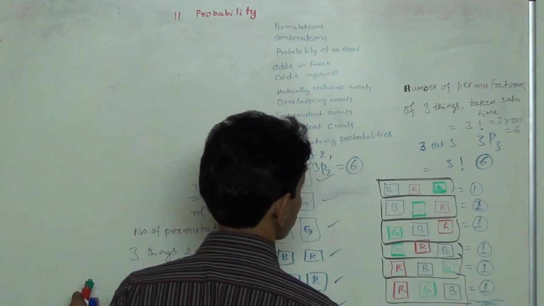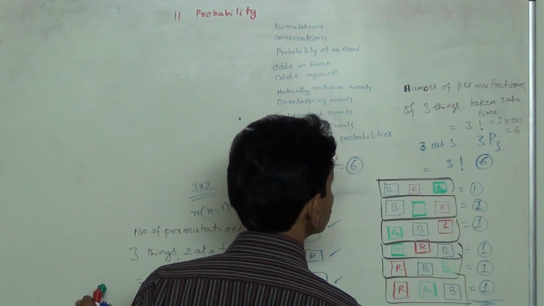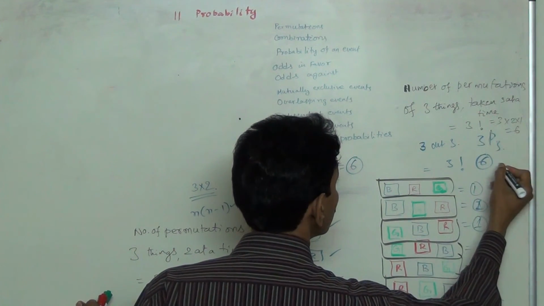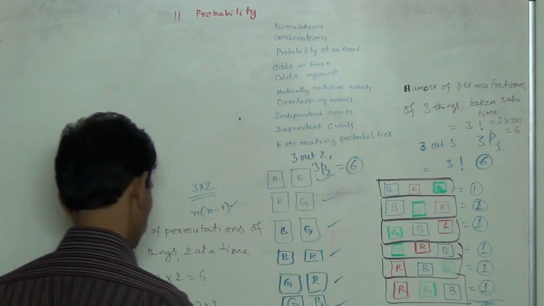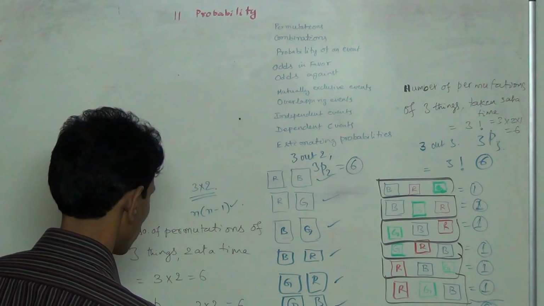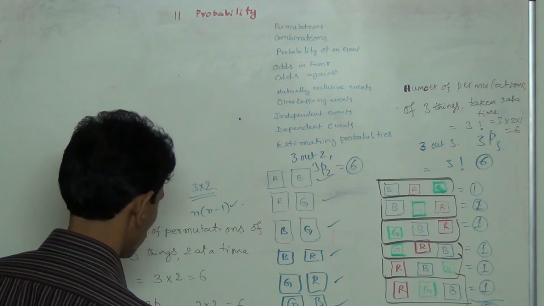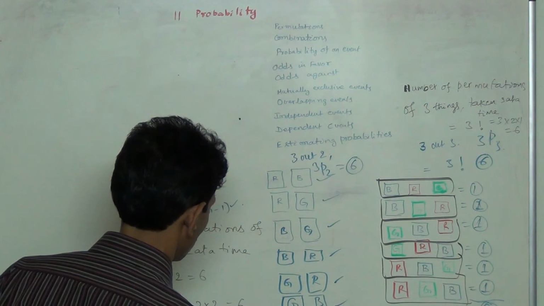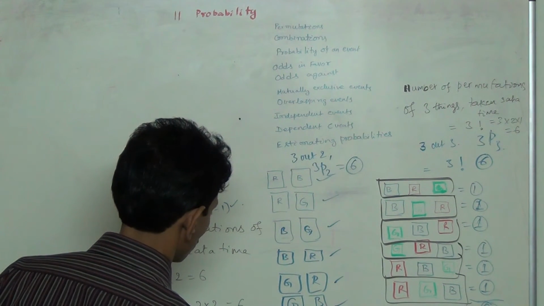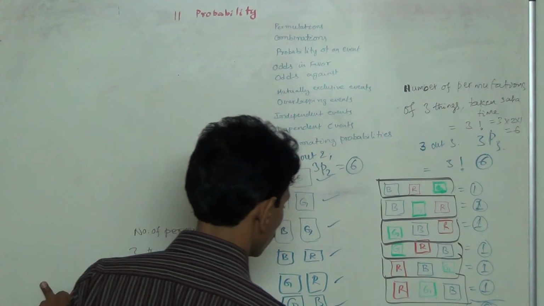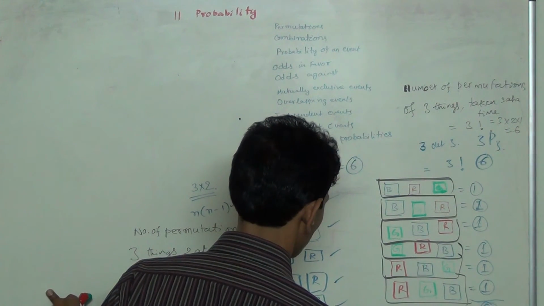The factors are repeated up to 3 for 3P3. So nPn is equal to n factorial, and nPr is equal to n times n minus 1 times n minus 2, and so on, like 3, 2, 1.